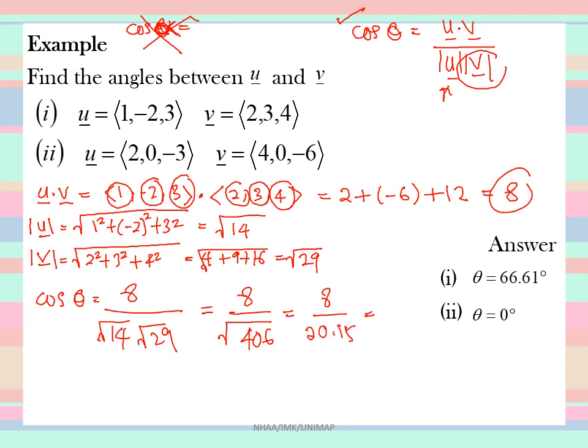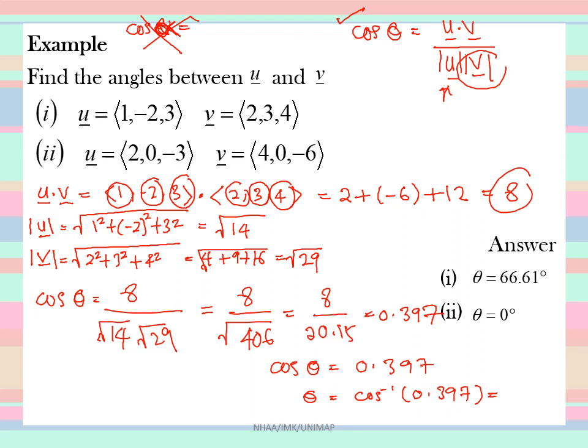Okay, and when you solve for this, you will get 0.397. So cos theta equal to 0.397. Theta is the arc cos of 0.397.